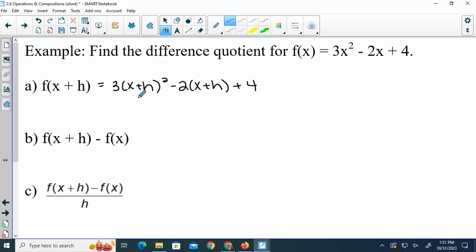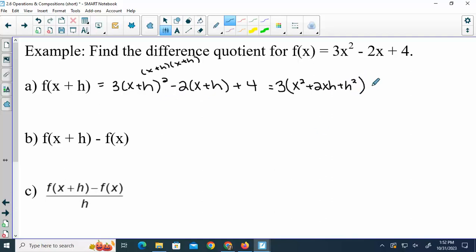x plus h squared. That means you have two of them, and you have to FOIL. So if you FOIL that, you get x squared plus xh plus xh, which is 2xh, plus h squared.